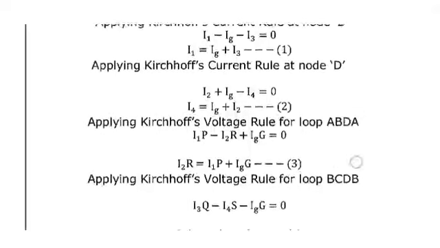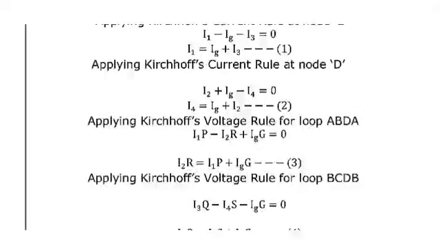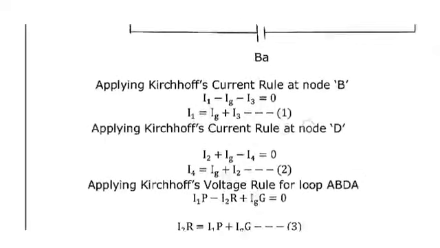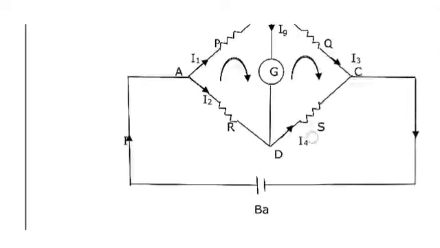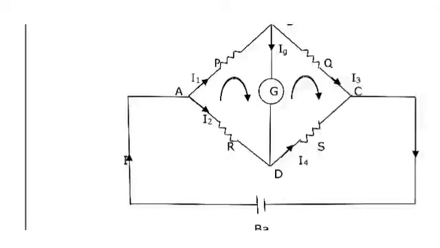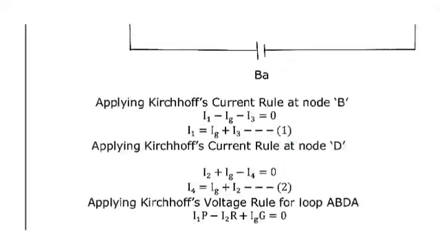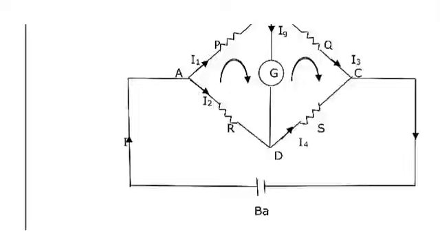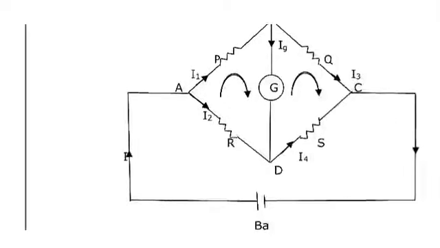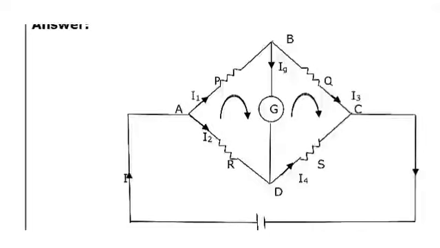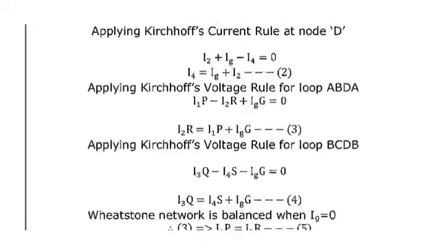Applying Kirchhoff's voltage rule for loop ABDA. Now I will apply KVL to the loop ABDA. I have I1 as the current and P as the resistance. Current is entering, so I1 into P, from A to B. Next, B to D, we have current IG.